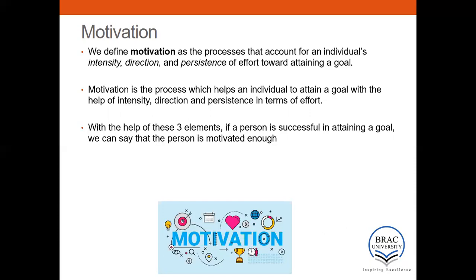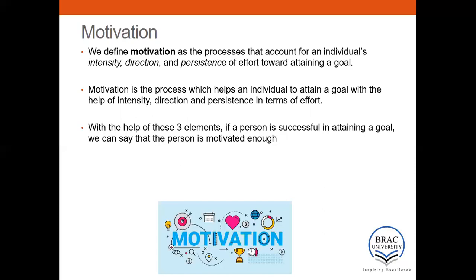These three elements are intensity, direction, and persistence in terms of effort. Persistence means consistency. With the help of these three elements, if a person is successful in attaining a goal or objective, we can say that the person is motivated enough.